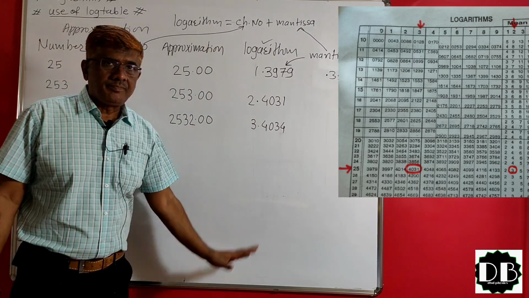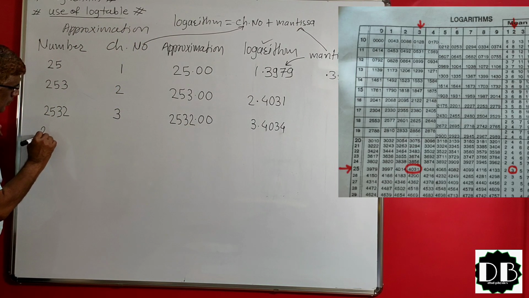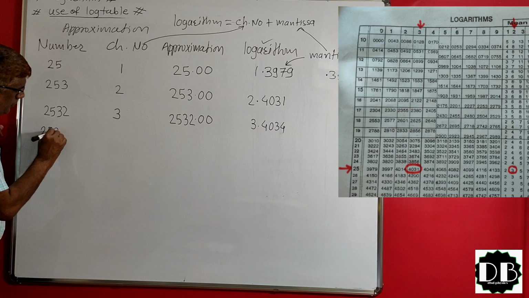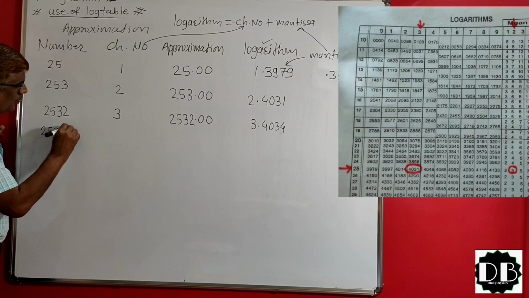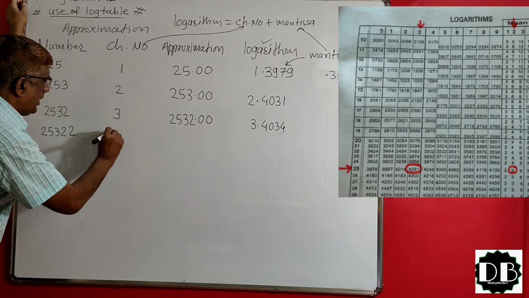Here is the logarithm. Our end point is right here. Suppose that we have the number 25322. This is our number. Character number is 4.